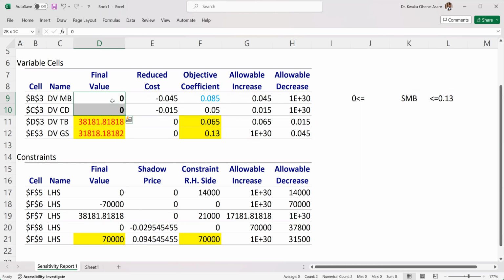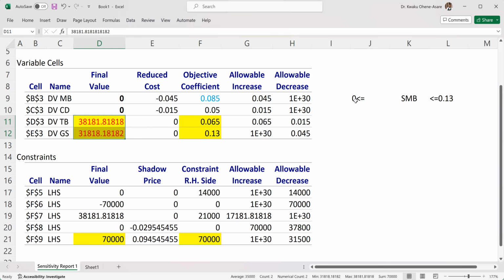As long as the interest rate of 8.5, listen carefully, is dancing between these two, the optimal solution of these two, 38,000 and 31,000, will never change.